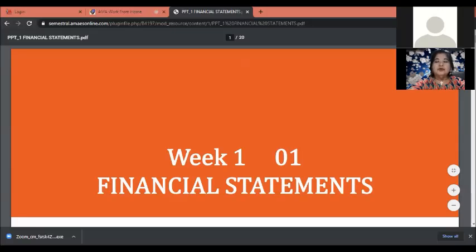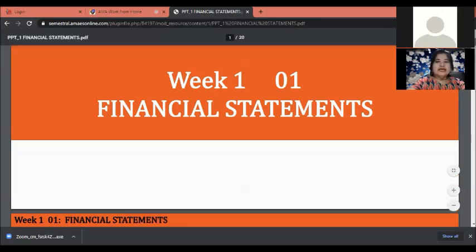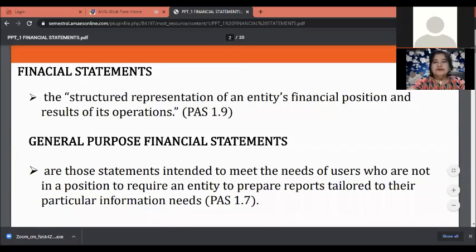Okay, we need also to have the ability to explain the structure of FS, our financial statements, and how they are identified. So when we say FS, we term it as financial statements. They refer to the structured representation of an entity's financial position and results of its operation, in accordance with our PAS, Philippine Accounting Standard 1.9.